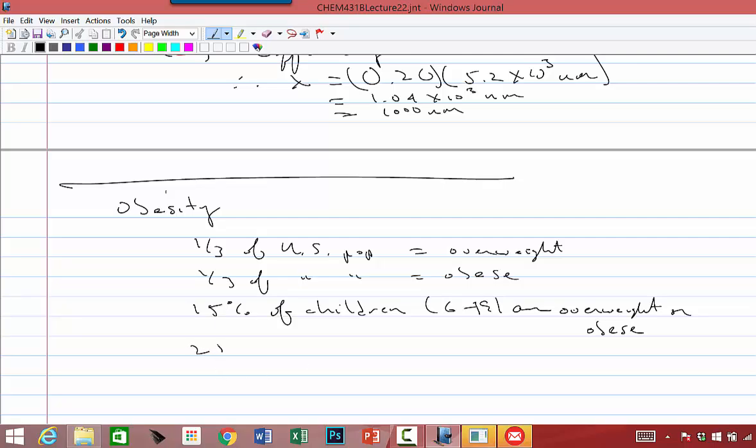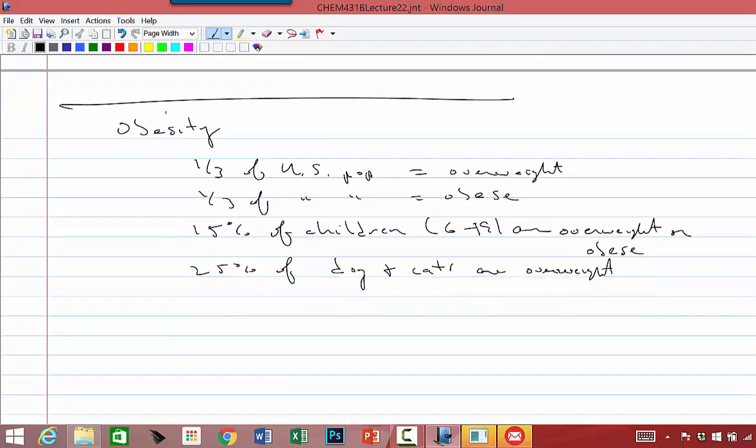And 25% of dogs and cats are overweight in America. Okay. And a fairly recent poll said that 58% of polled Americans would like to lose weight.